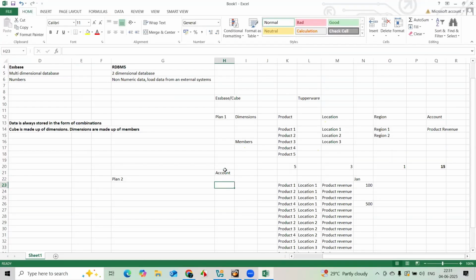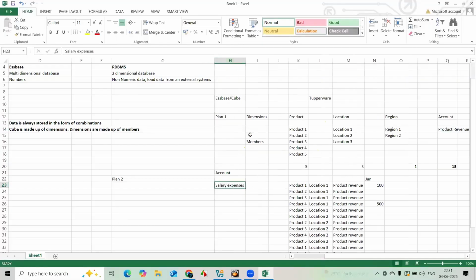But if you are not using product revenue, and you are using something like salary expenses, then the members will be different. Since the members are different, it will use different storage. It will accommodate the different storage, but the dimension can be the same.